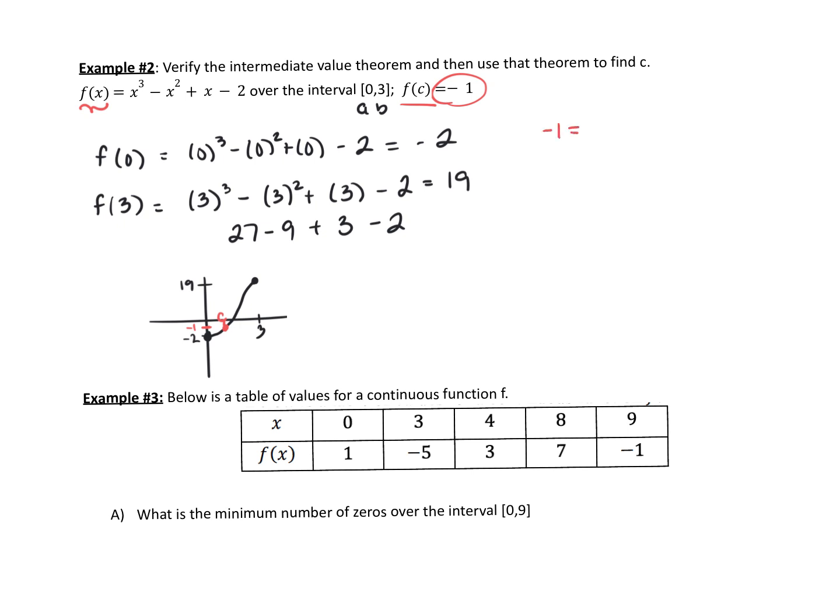So -1 equals x to the third minus x squared plus x minus 2. Now this is a factorable equation, so we add the 1 to set it equal to 0. We can factor by grouping to take out an x squared. Here we could take out a 1.